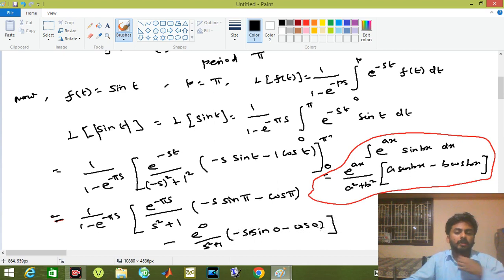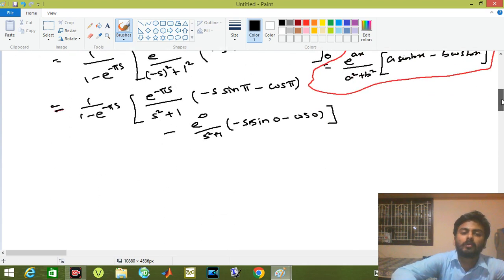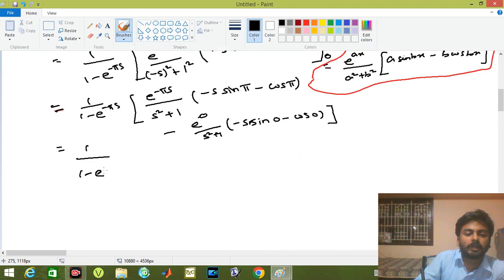Now write this equal to 1 by 1 minus e power of minus pi s into e power of minus pi s divided by s square plus 1 into sin pi is 0, minus 1.